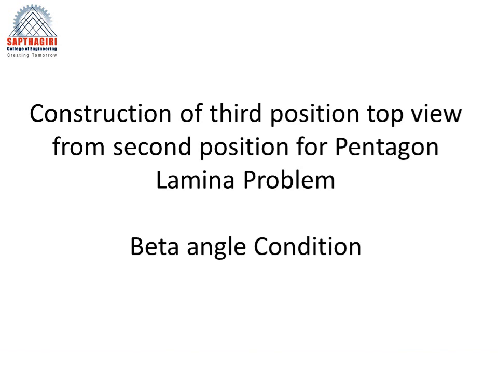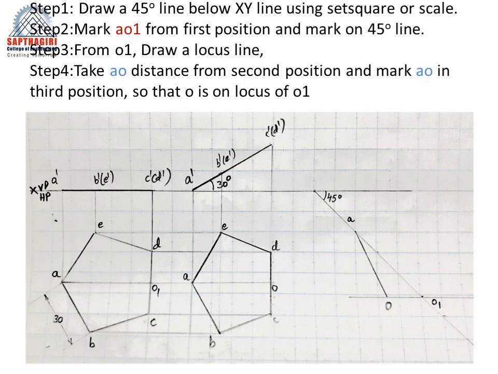Similarly, let us see the beta condition using a pentagonal lamina problem and how to complete it. For example, a pentagonal lamina which is represented as such should be shifted to the third position. So identify the true length of the perpendicular bisector that is given.